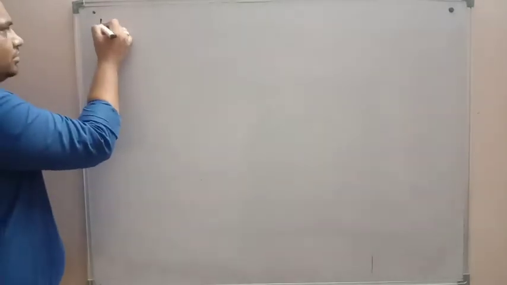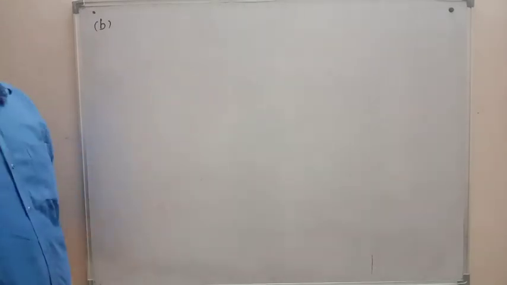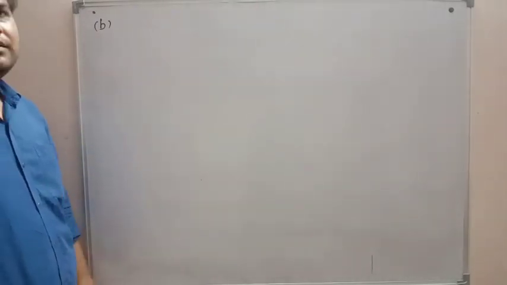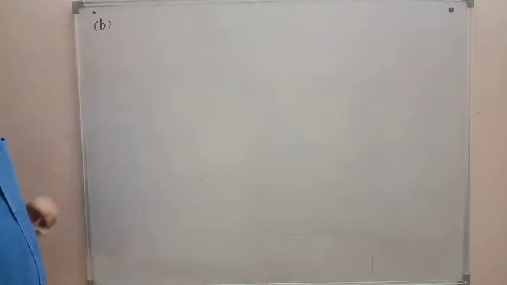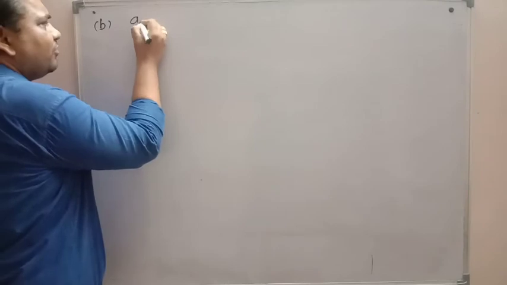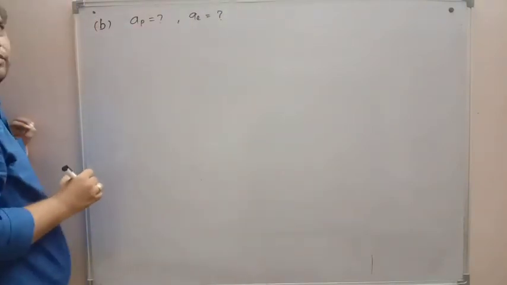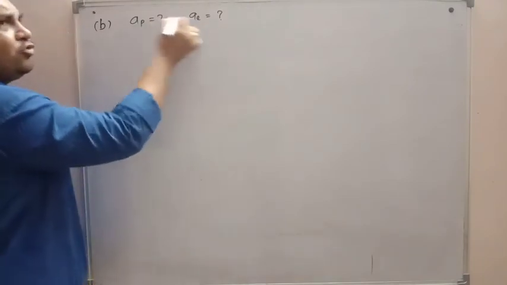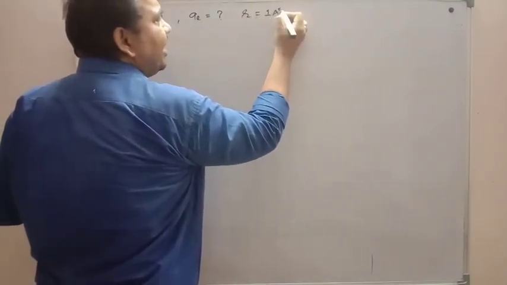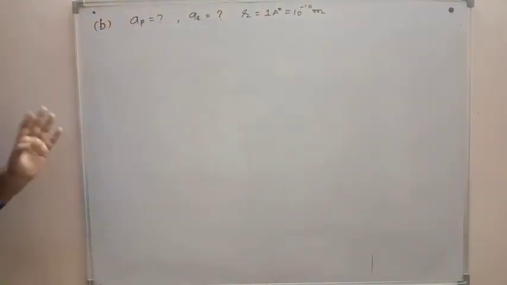Now the B question. There were two parts in the question. In first part we have to compare the electrical and gravitational force. In second part we have to find out acceleration of proton and acceleration of electron for their mutual attraction if they are separated by 1 angstrom, that is 10 power minus 10 meter distance.